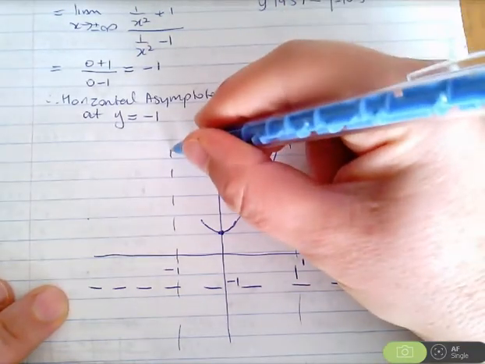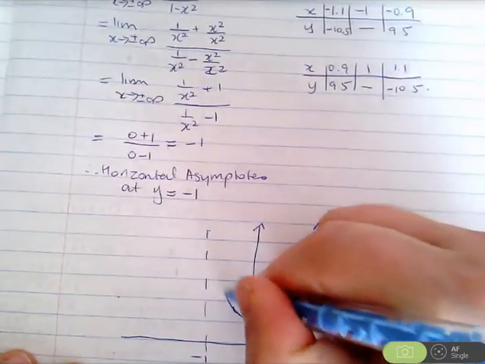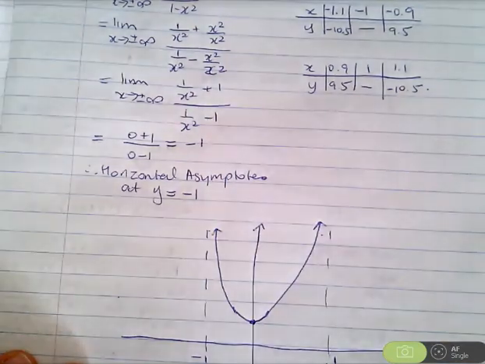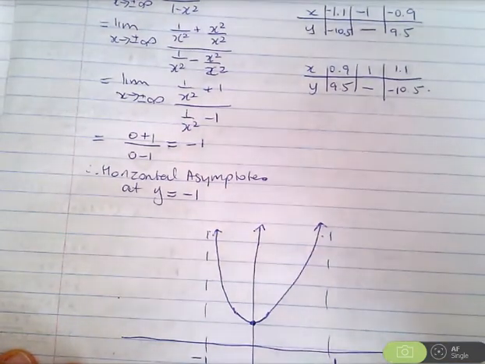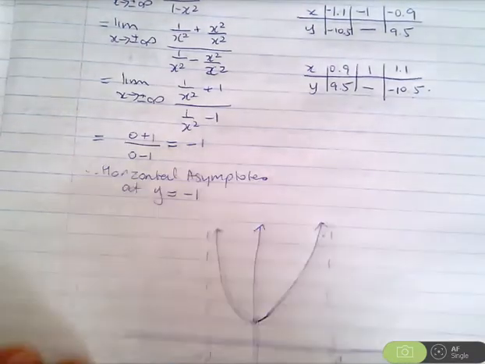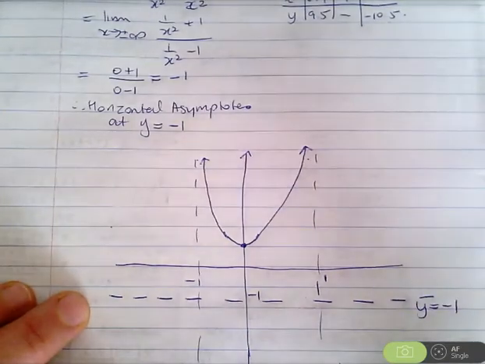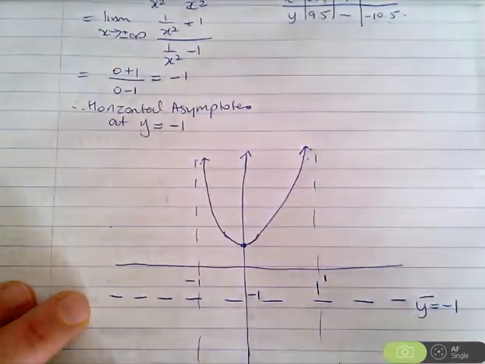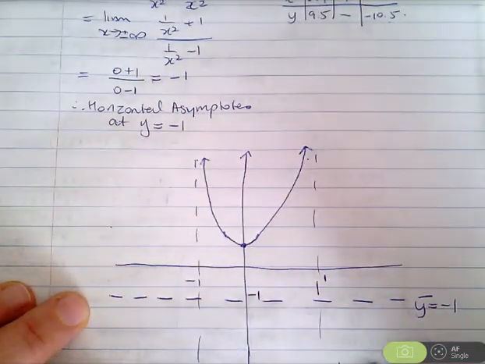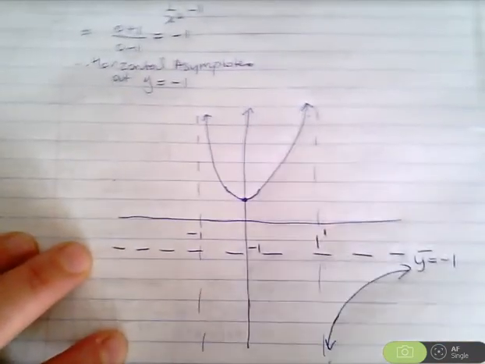When x is negative 0.9, using these tables up here, y is positive 9.5 there. When x is positive 1.1, y is negative 10.5, so we're down here. As x approaches infinity, y approaches negative 1. Now it must be approaching it from below, so the curve's going to look like that.